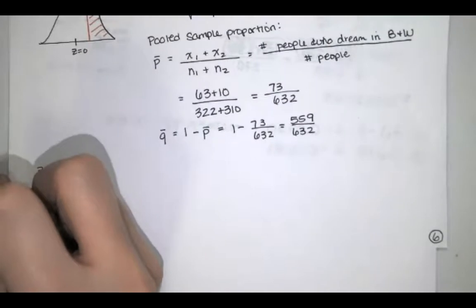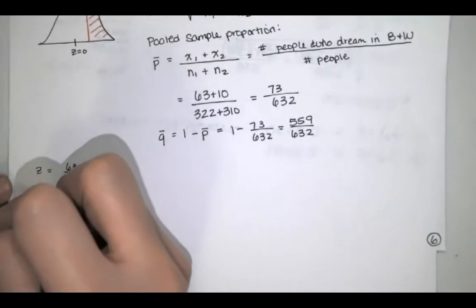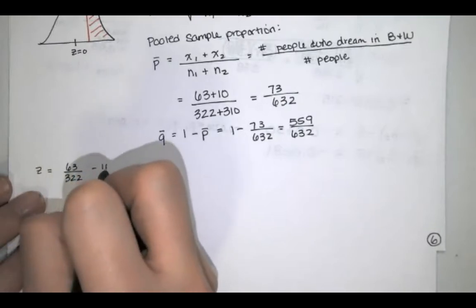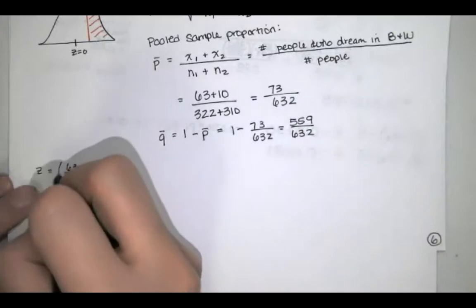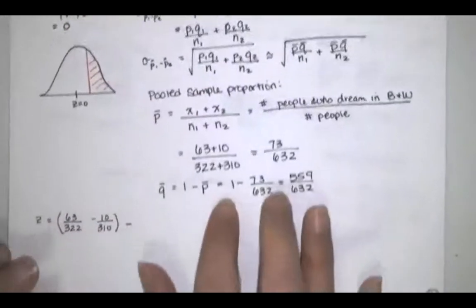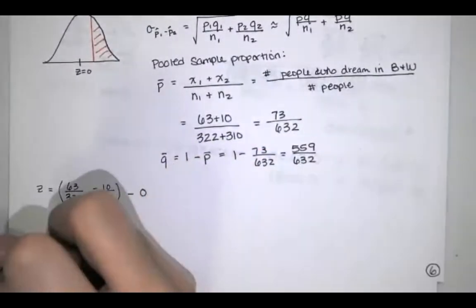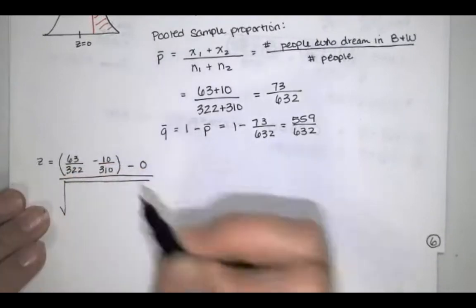So we have z equals p1 hat minus p2 hat. So that's 63 over 322 minus 10 over 310. Minus p1 minus p2, which is assumed to be 0 because we're assuming our null hypothesis is true. And then we're dividing by this expression here.